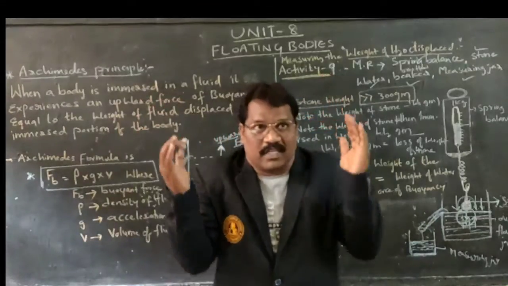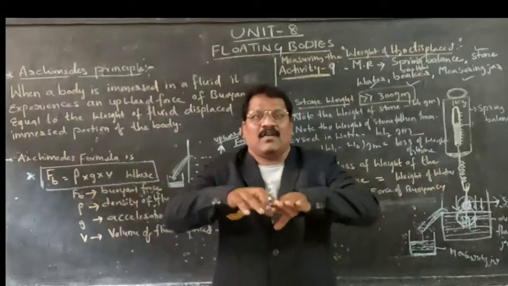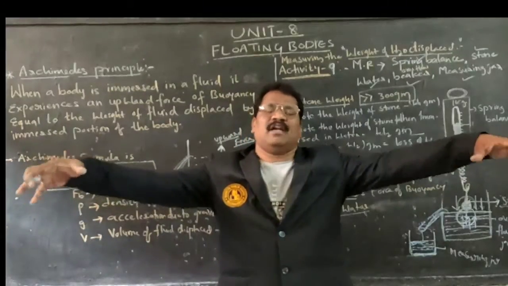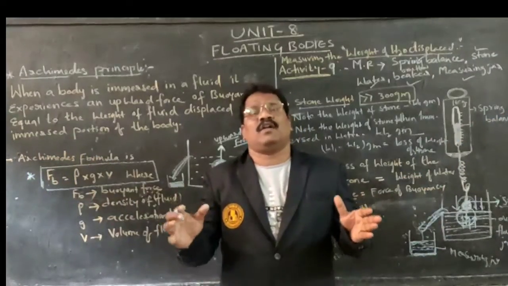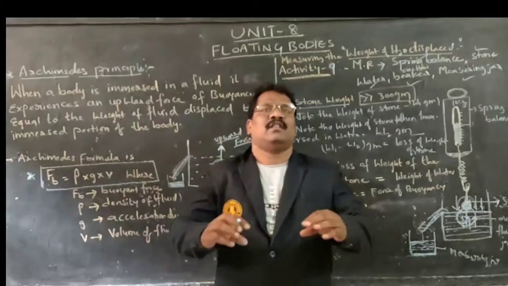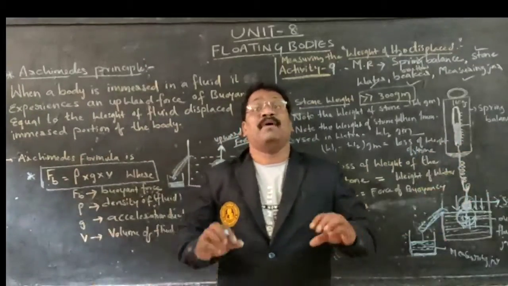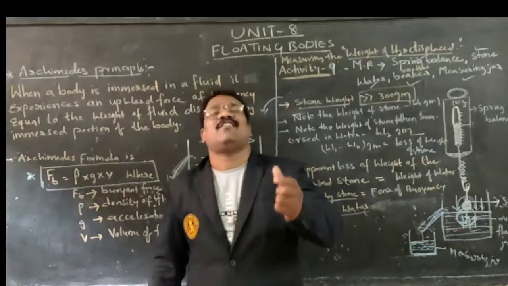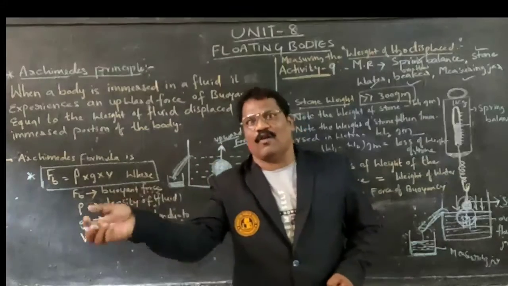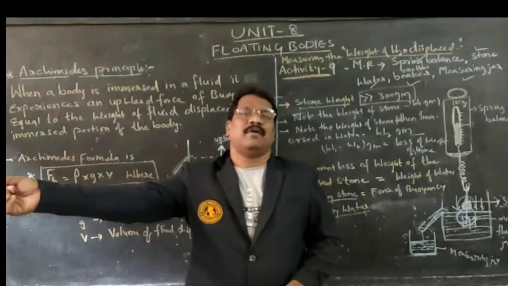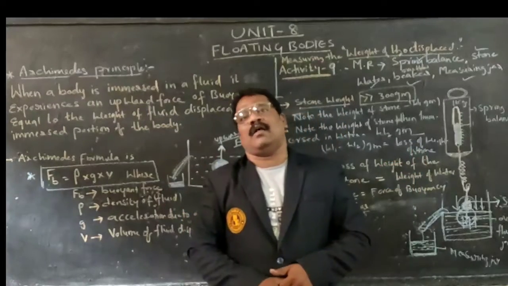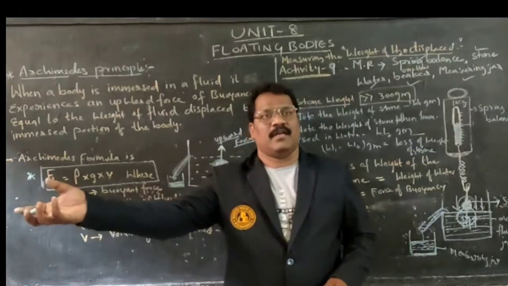When an object is immersed in a tub completely filled with water, the water overflows. If I throw any object into it, the water will overflow. Based upon that principle, he calculated the density of gold as well as the density of the crown.